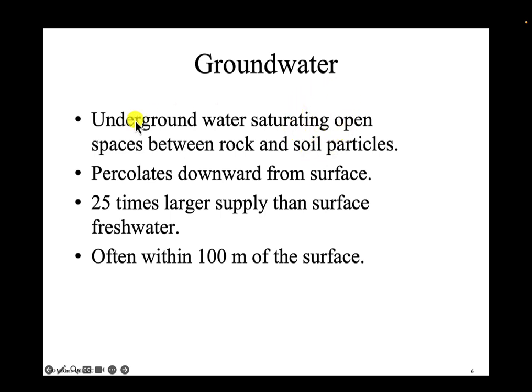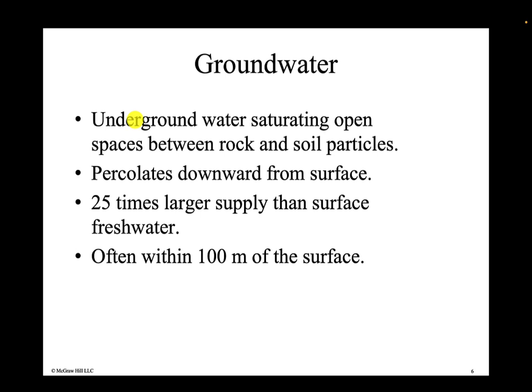This groundwater is really important because it is the water that we eventually use for human consumption. It is the source of water for wells, and it also keeps streams flowing during dry periods in specific regions.